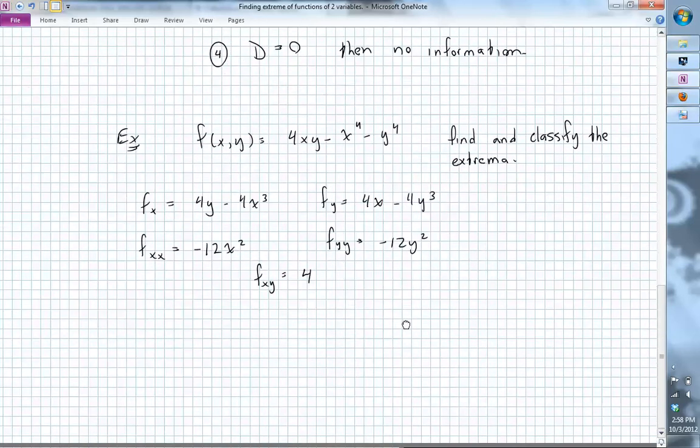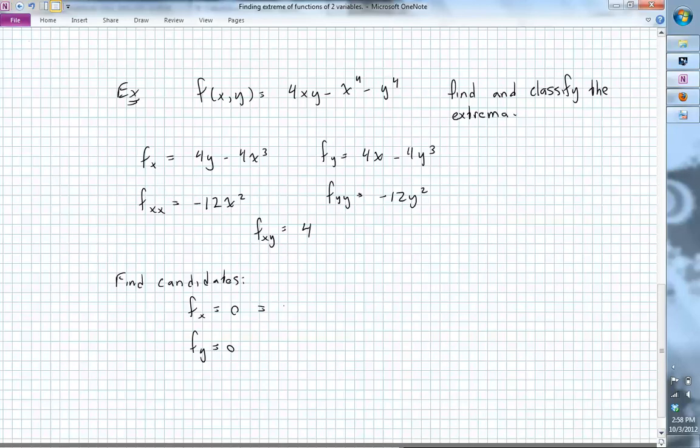All right, so let's find candidates first. So we're going to let fx equal 0, fy equal 0. fx is 4y minus 4x cubed. fy is 4x minus 4y cubed. 2 equations, 2 unknowns.